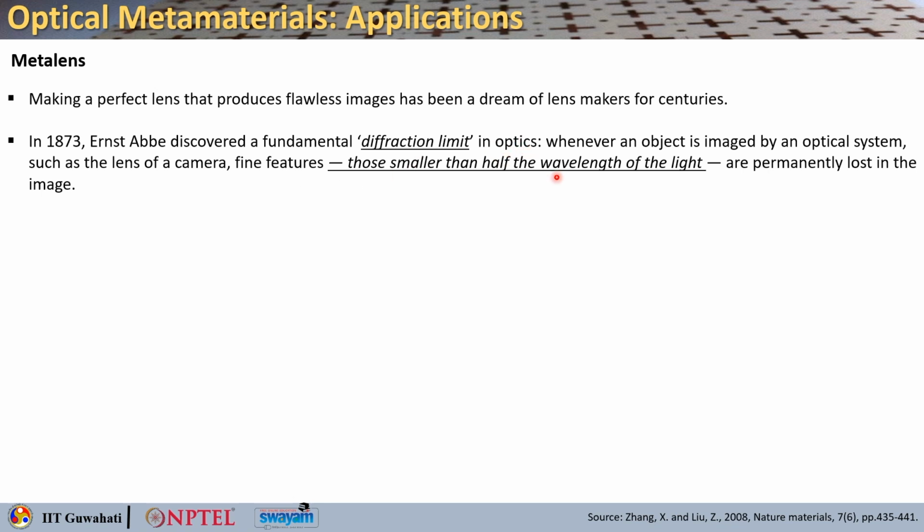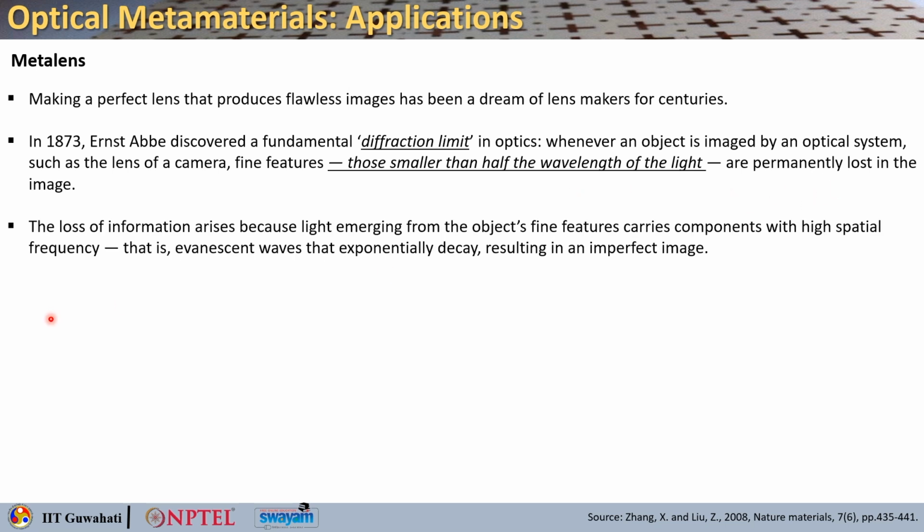That tells that whenever an object is imaged by an optical system such as a lens of a camera, fine features which are smaller than half of the wavelength of light, lambda by 2, will be permanently lost in the image.